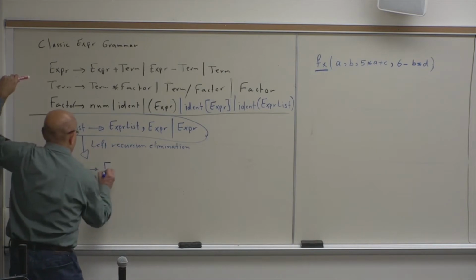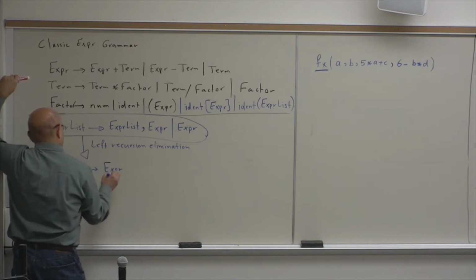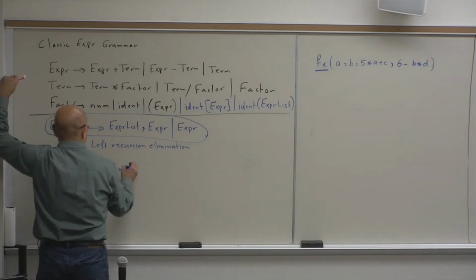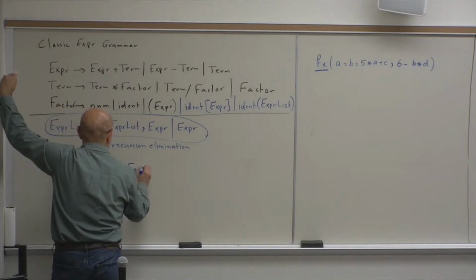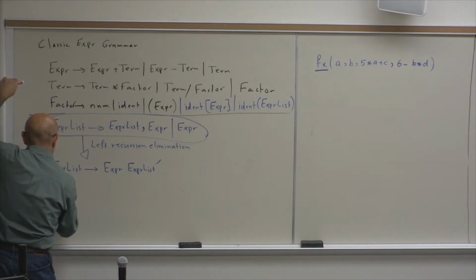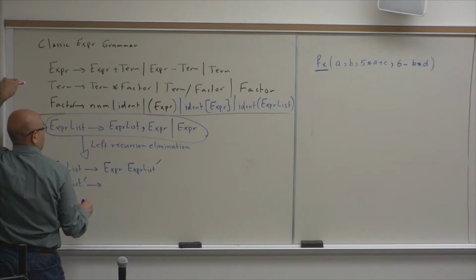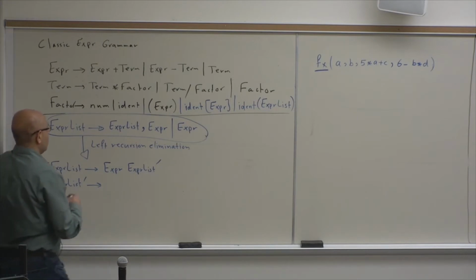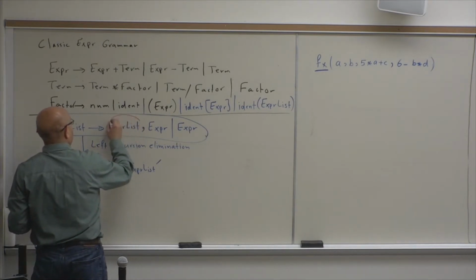Expression, then concatenated with something else like expression list prime, where expression list prime is what? Where is the alpha? We are recursing on expression list.